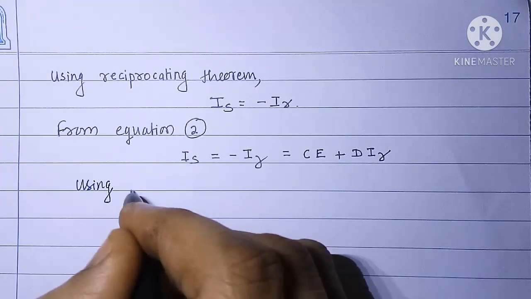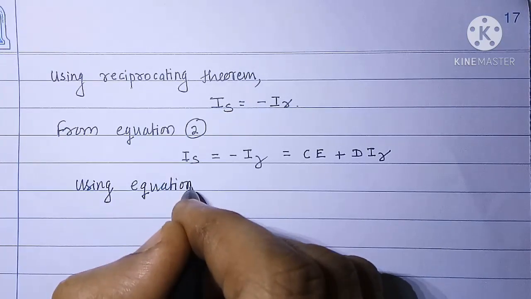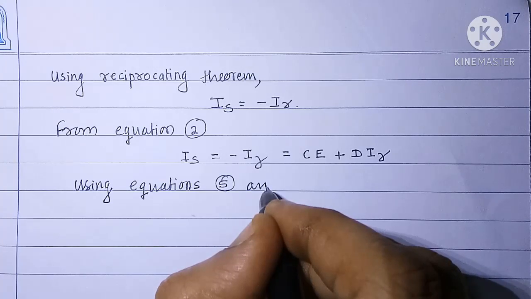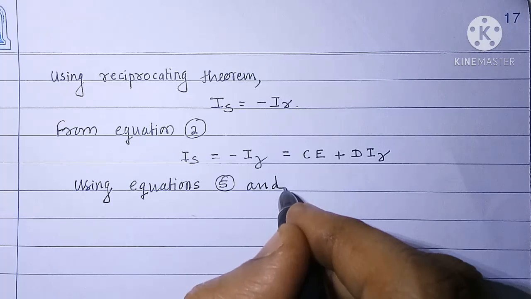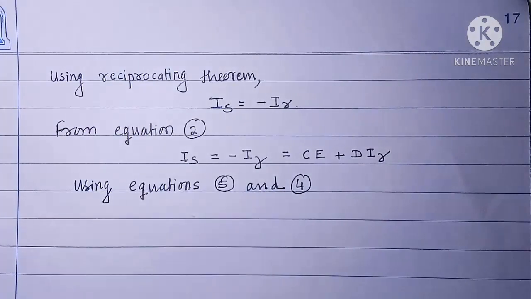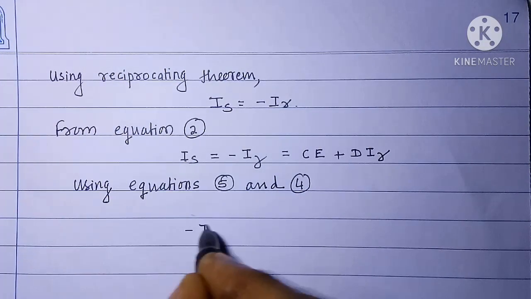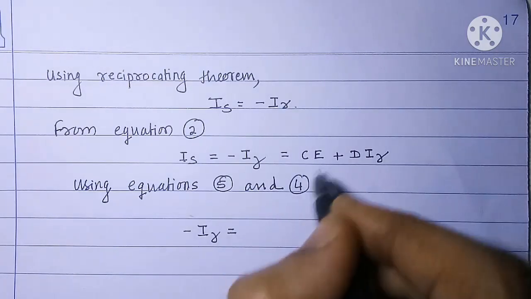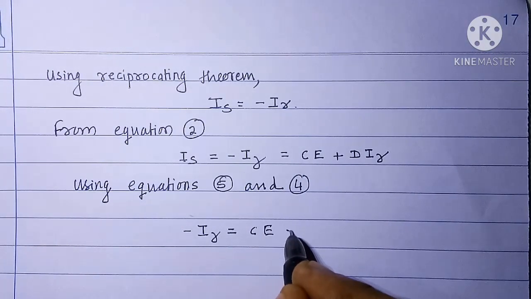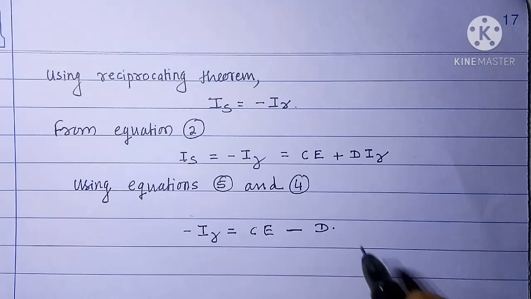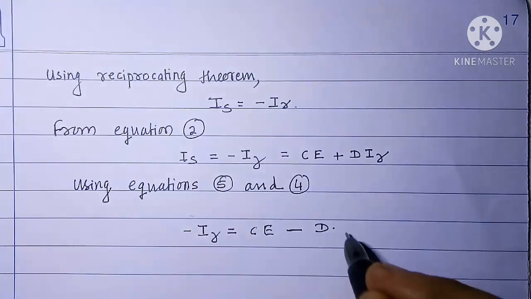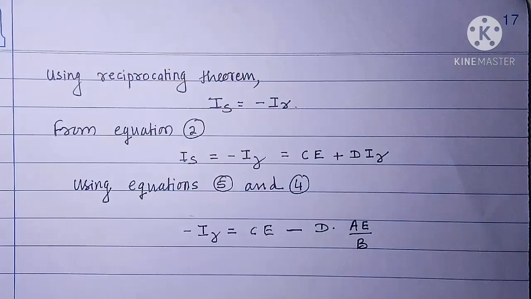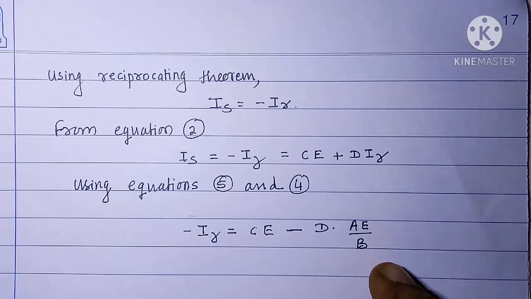Using equations 5 and 4, you can write minus IR equal to CE minus D into AE upon B. Minus IR equal to AE upon B we have written in equation 5.